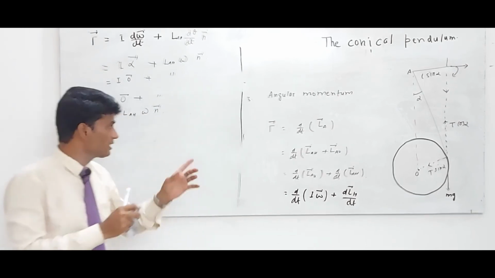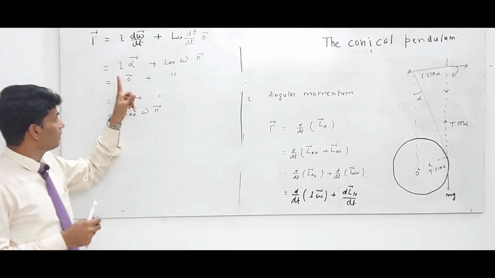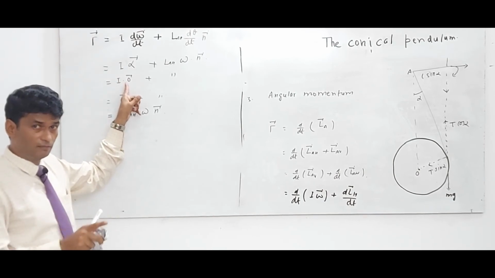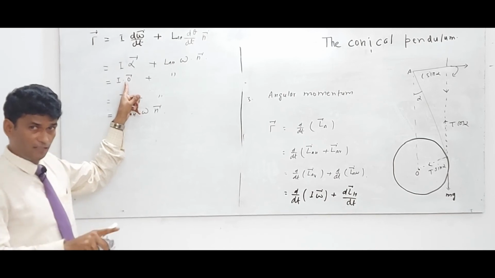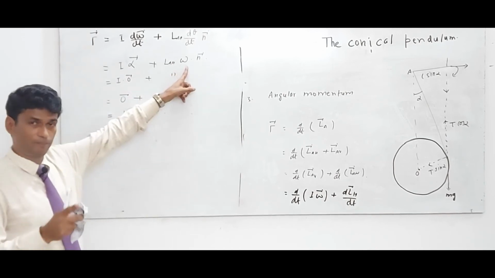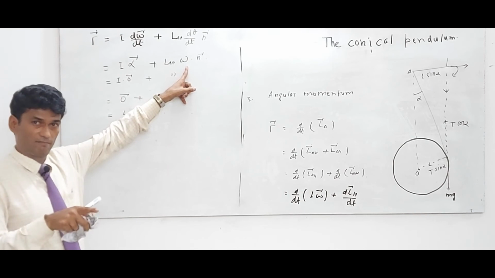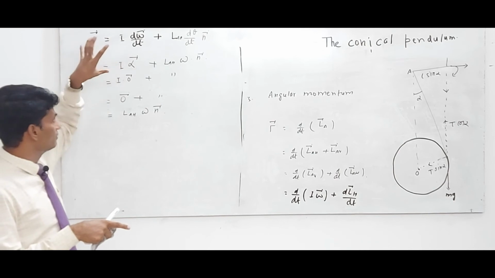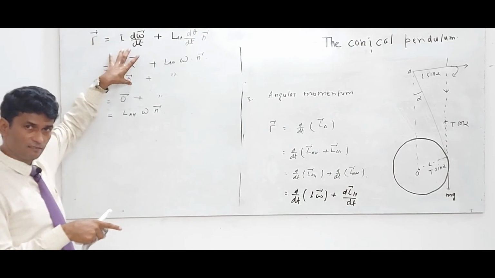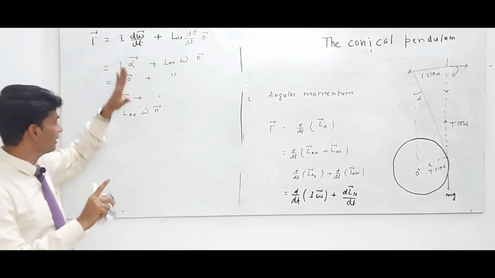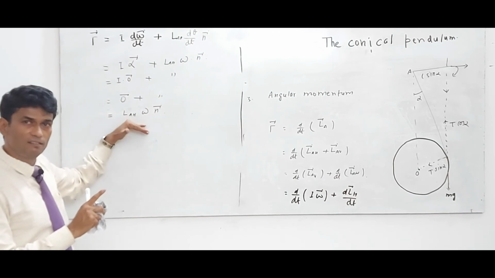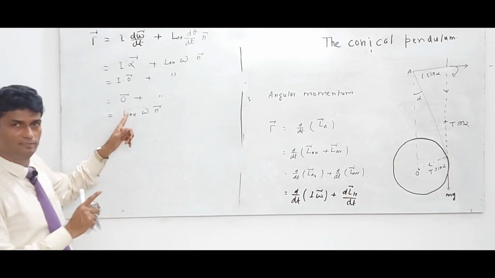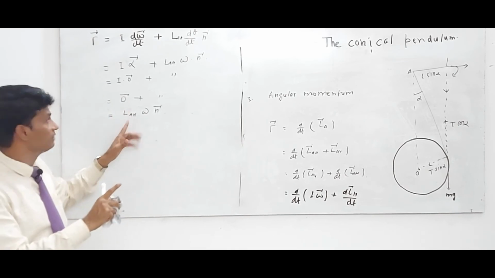But in this particular case, look at here, one of the components of the angular momentum, the vertical component, is not changing, but the horizontal component is changing as time passes. So that is why this is the equation we are frequently using, and this one differs from what we apply frequently.